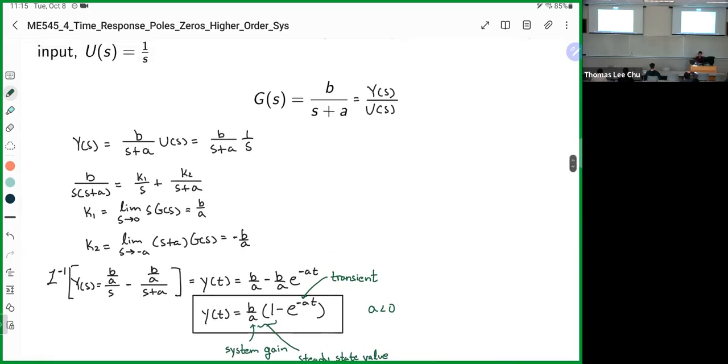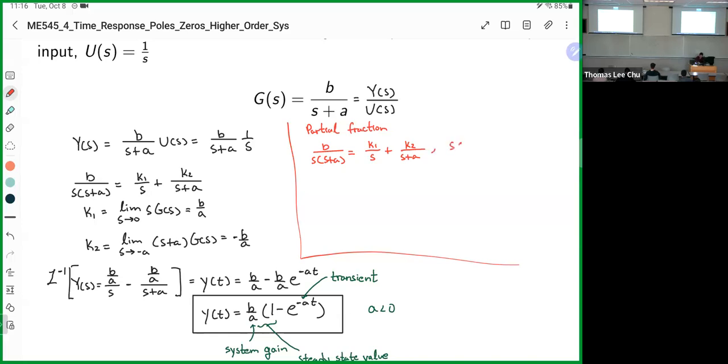Can you explain how you set up the partial fractions? Yeah, I can explain that. What we're saying is that B over S plus A, where A and B are just any constants we want, is going to be equal to K1 over S plus K2 over S plus A. This is a linear equation, and I can rearrange it however I want.